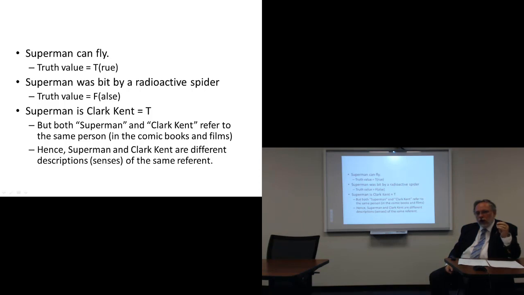And so, in other words, there are two senses, two Sinn, okay? One is Superman, the other one is Clark Kent, but one Bedeutung, one referent, and that's the person that underlies those two identities, yeah? Because it's the same person. He just puts on the glasses and takes off the outfit, okay?